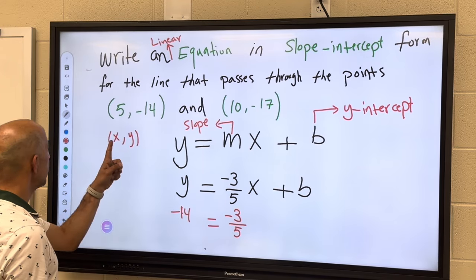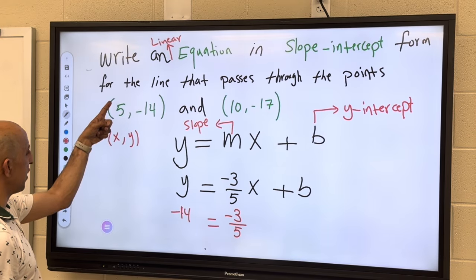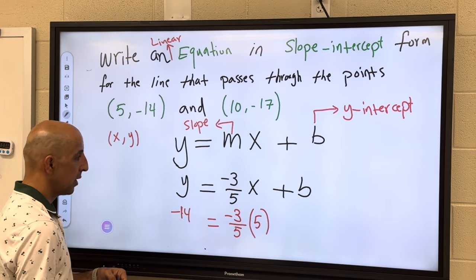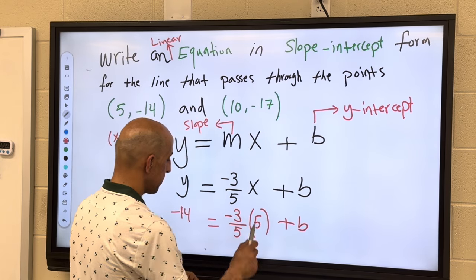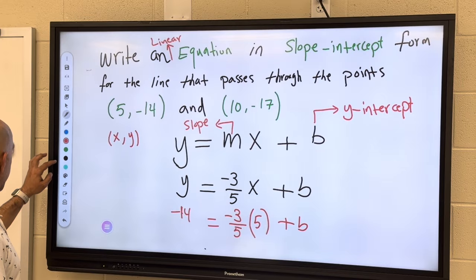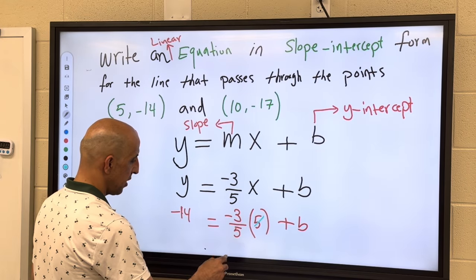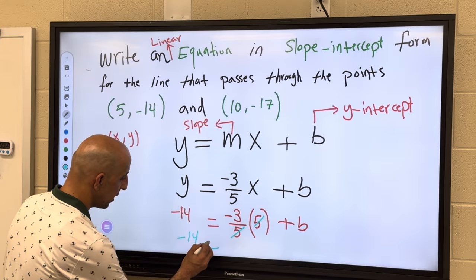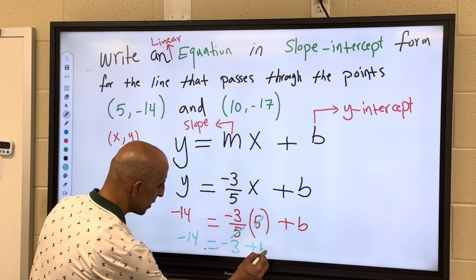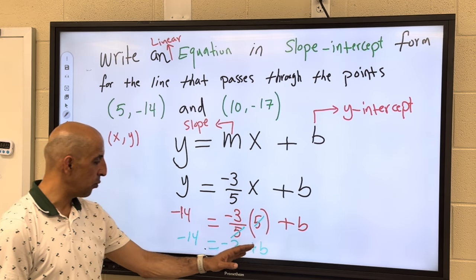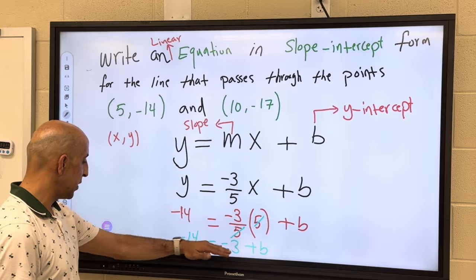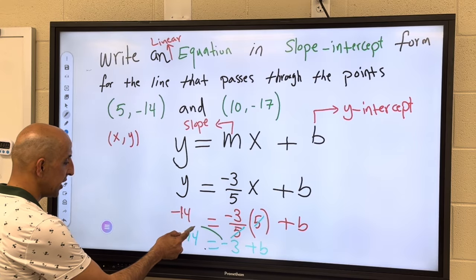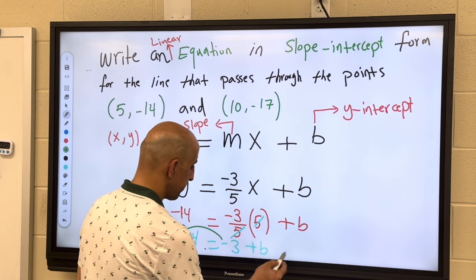The x is 5, so we substitute 5 for x, then plus b. In this case, we can cancel 5 with 5, and we end up with negative 14 equals negative 3 plus b. Now we end up with one variable on this side and two constants, and to find the answer, we can move the negative 3 to the other side.